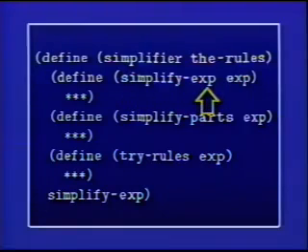Simplify-exp. What I'm returning as the value of calling simplifier on a set of rules is a procedure, the simplify-x procedure, which is defined in that context, which is a simplification procedure appropriate for using those set of rules.